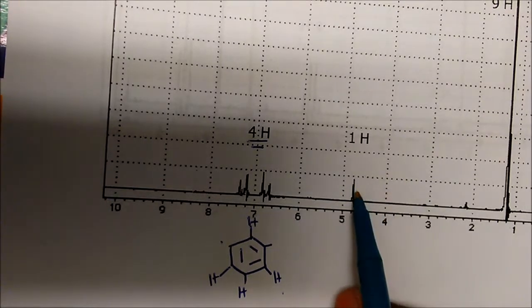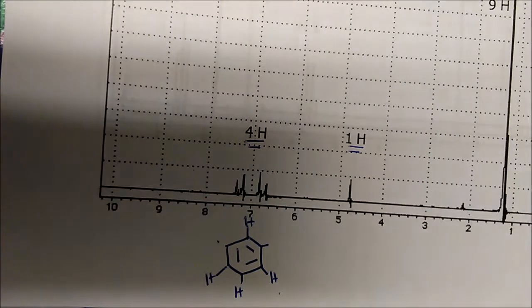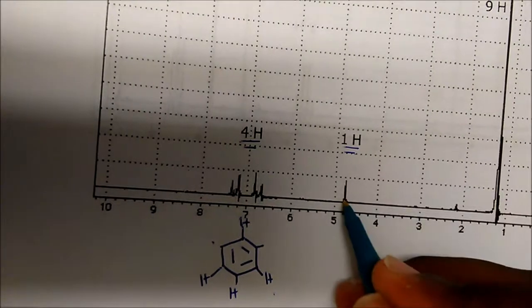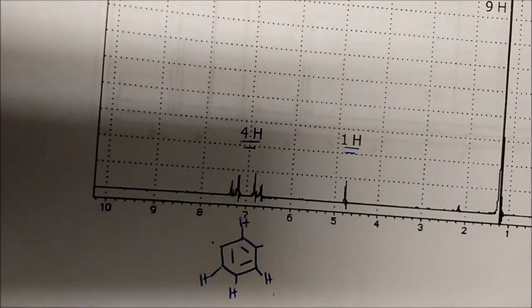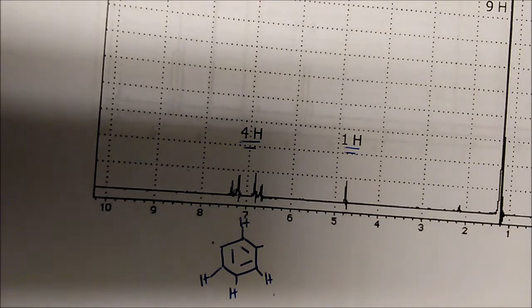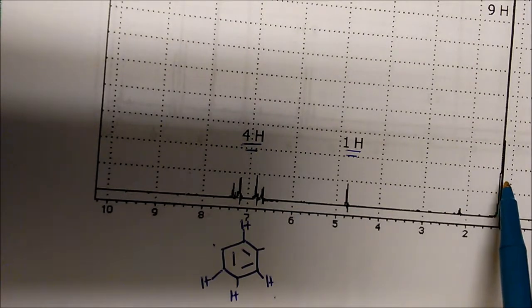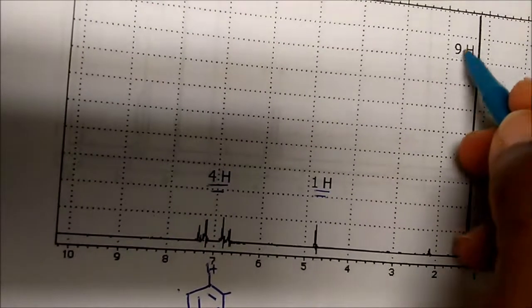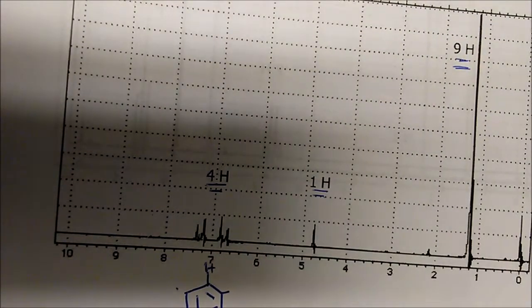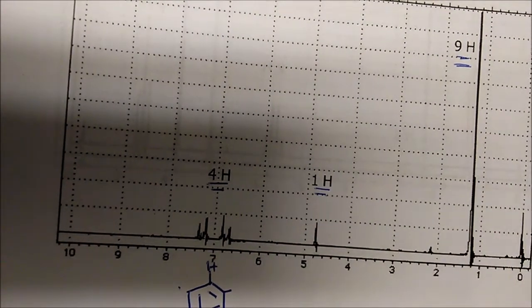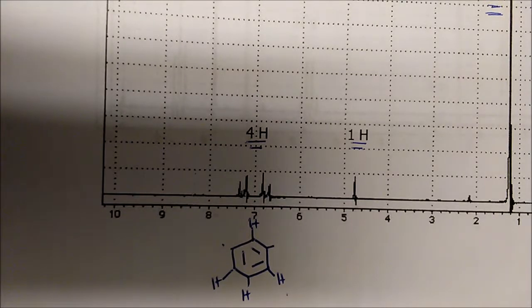Now I look here and I see an integration of 1. So I have 1 hydrogen that's vibrating, but it only gives me a single peak, which means this hydrogen must have 0 neighbors. And I also see 9 hydrogens vibrating here with only a single split. So if I have 1 hydrogen that's vibrating, I'm going to try an alcohol.